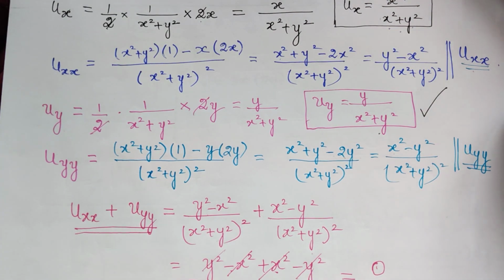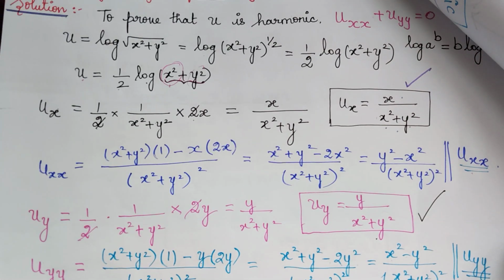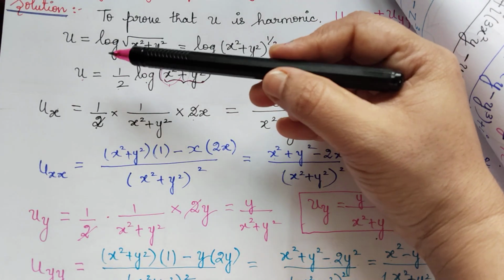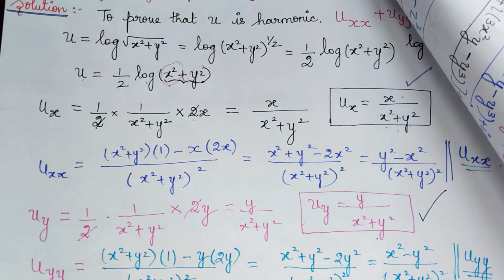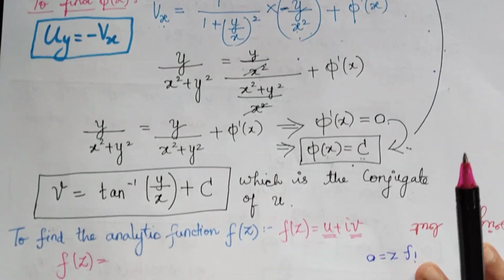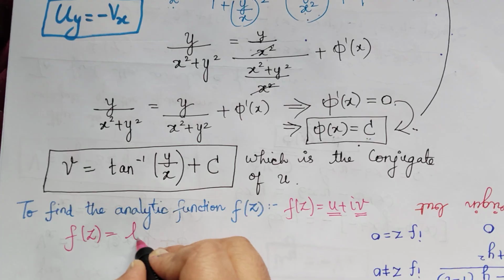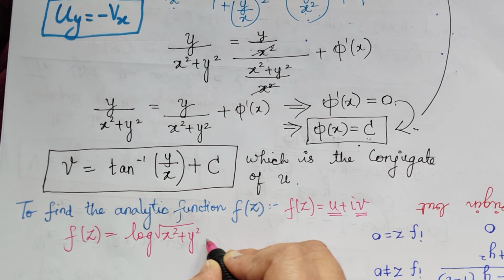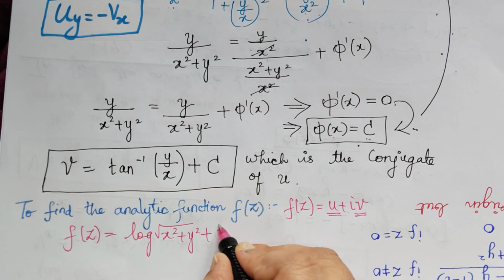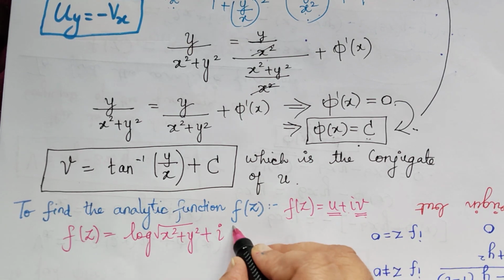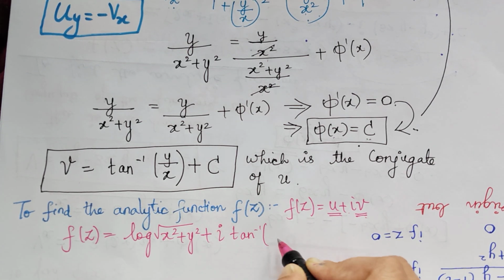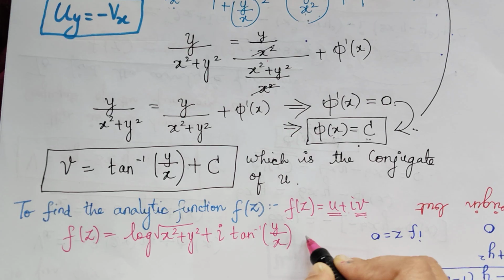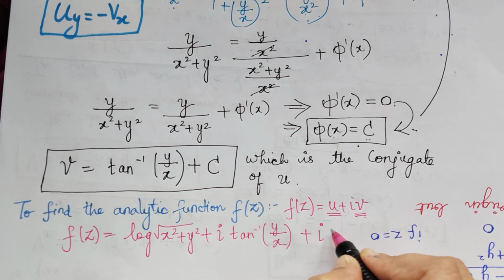We know that u is the logarithm of square root of x square plus y square. So we shall substitute that: logarithm of square root of x square plus y square plus i multiplied with v. V is tan inverse of y by x plus c, so plus ic.